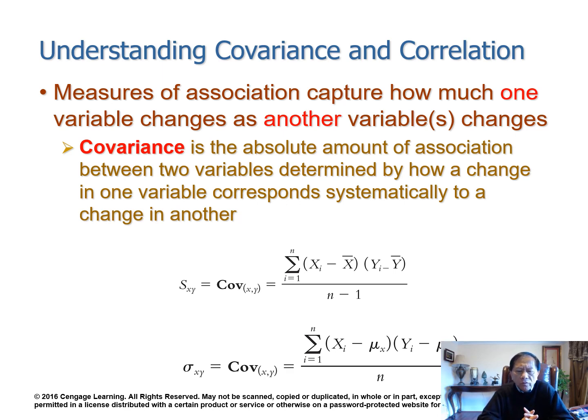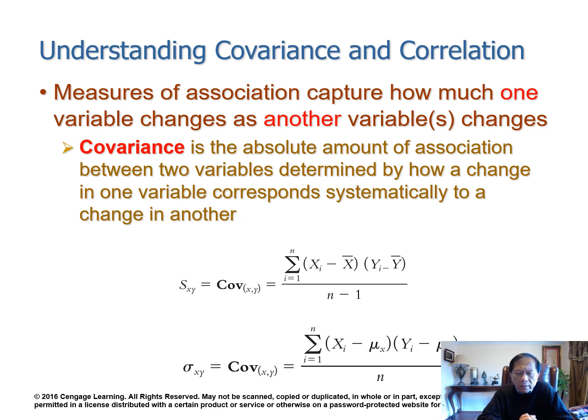Covariance is the absolute amount of association between two variables determined by how a change in one variable corresponds systematically to a change in another. That's called covariance.